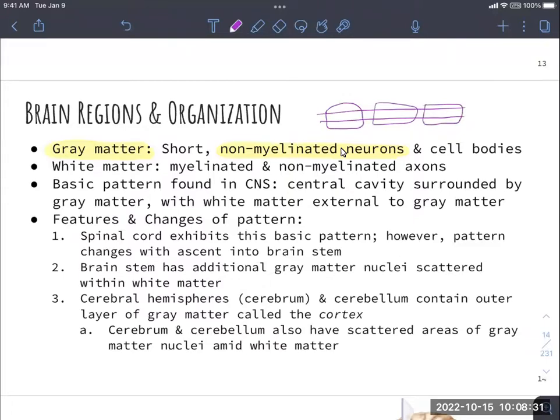Gray matter, they are not myelinated. The white matter, what makes up the white matter is more myelinated neurons, but we still get some non-myelinated neurons in there as well.